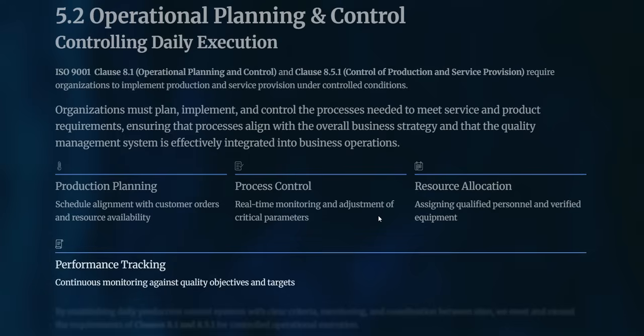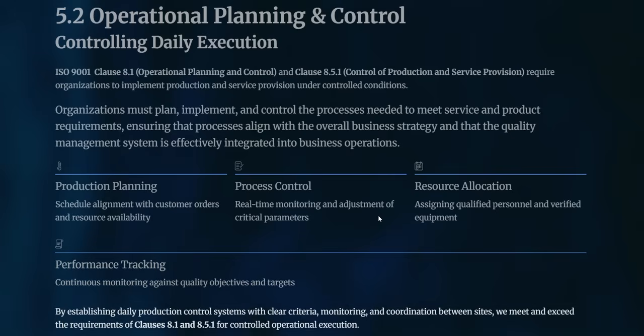Fourth, we have to ensure performance tracking by continuous monitoring against quality objectives and targets. By establishing a daily production control system with clear criteria, monitoring, and coordination between sites, we meet and exceed the requirements of Clause 8.1 and 8.5.1 for controlled operational execution.